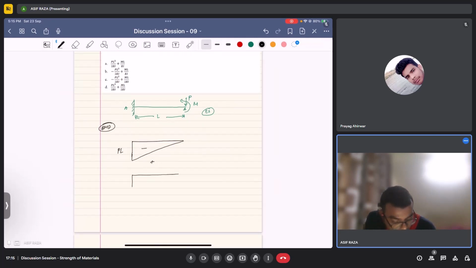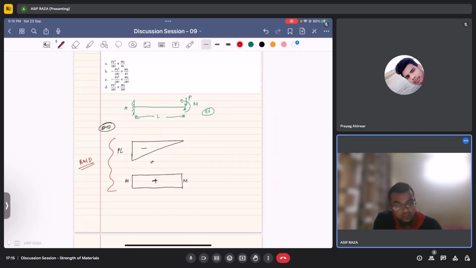I would take this, and it would be M all over, and it would be positive. So this is the cumulative contribution of the bending moment diagram.